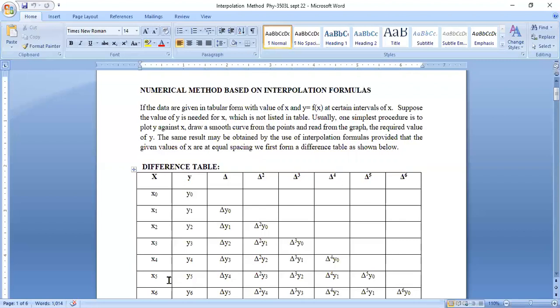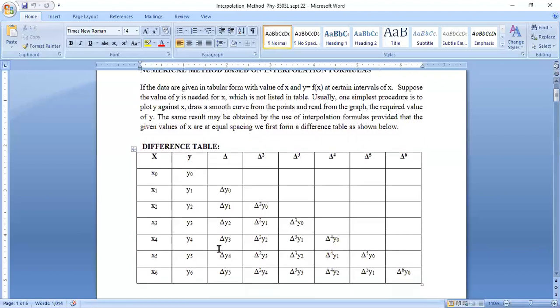Then the process of finding the value of y corresponding to any value of x, let us say x equal to xi, where xi is lying between x0 and x6, is called interpolation.